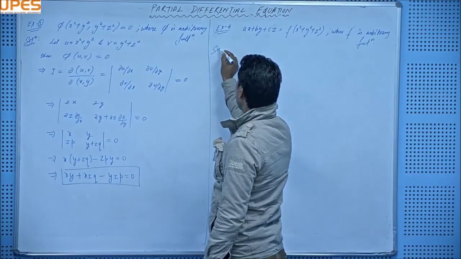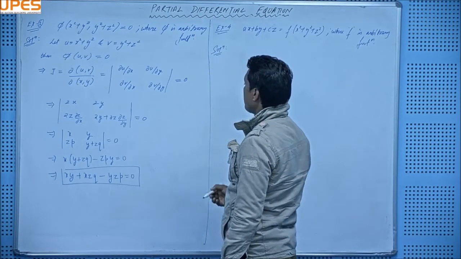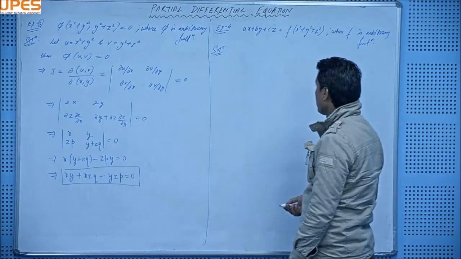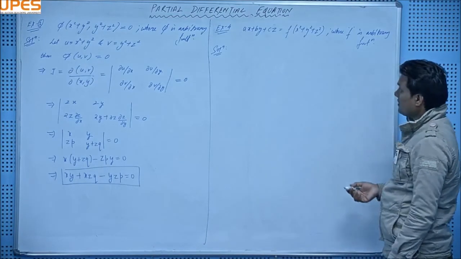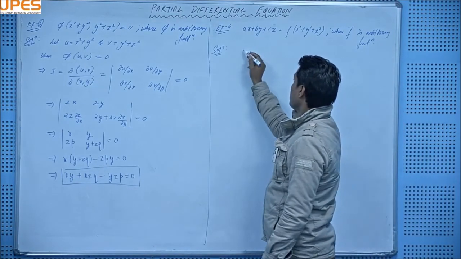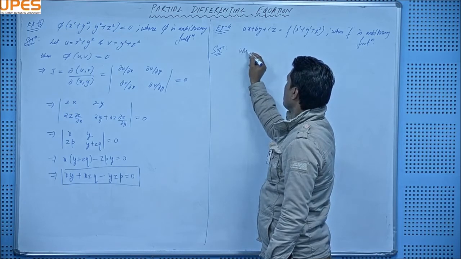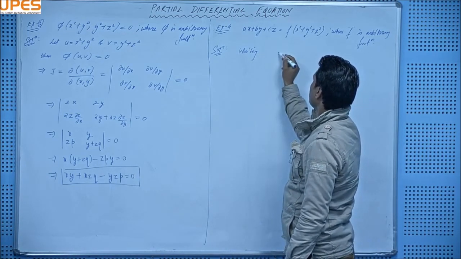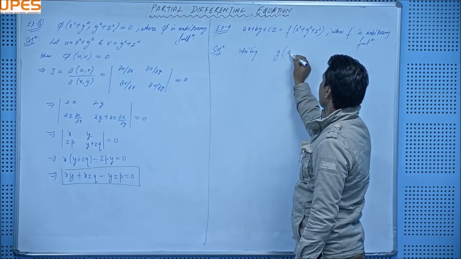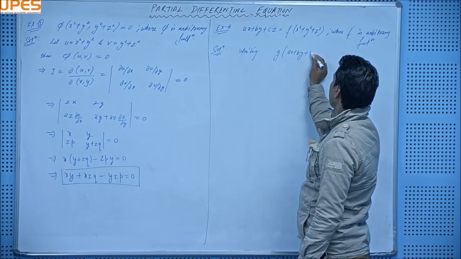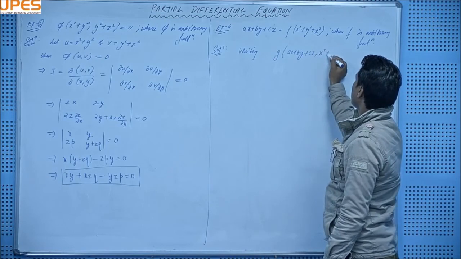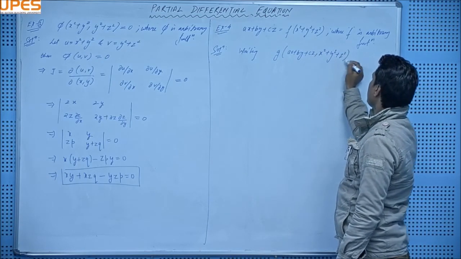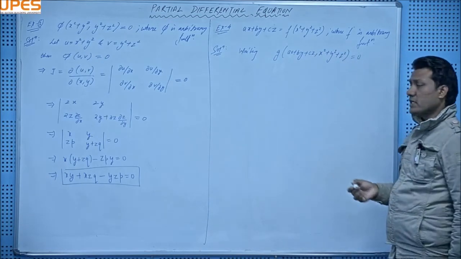Since only one arbitrary function is present, a first order PDE will be obtained. We know that. So can we write it in that fashion, let me write g, g of ax plus by plus cz comma x square plus y square plus z square equal to 0, right?